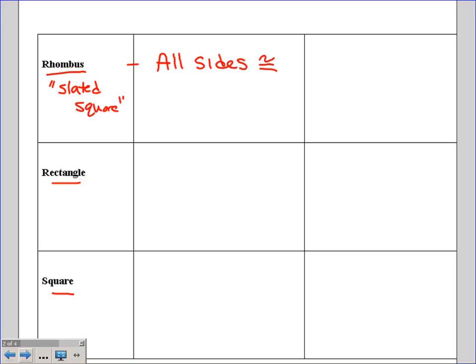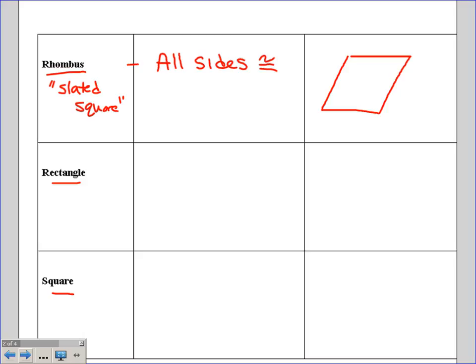Because it inherits all the characteristics from a parallelogram. Because this is a parallelogram, but more specifically, it's also a rhombus. So when I draw this, does it look like a parallelogram? It does, and it inherits all those characteristics of a parallelogram.